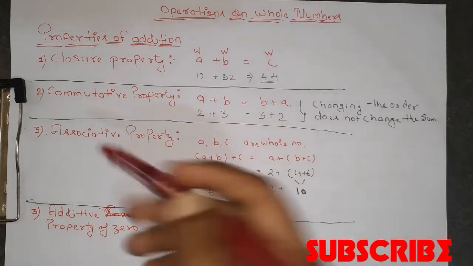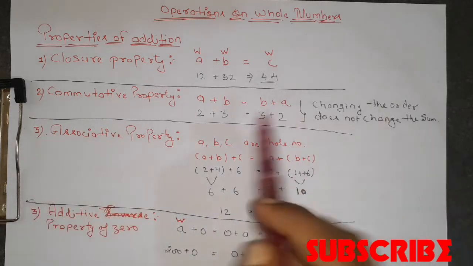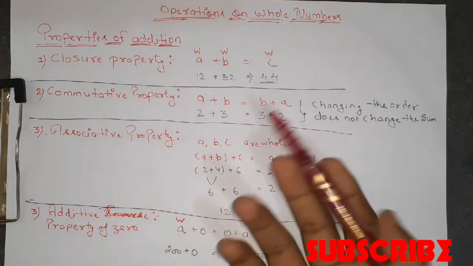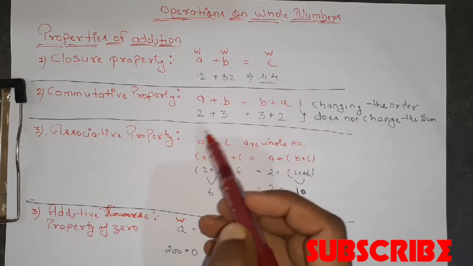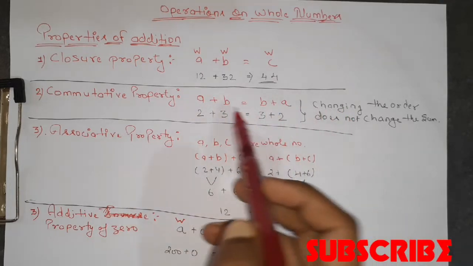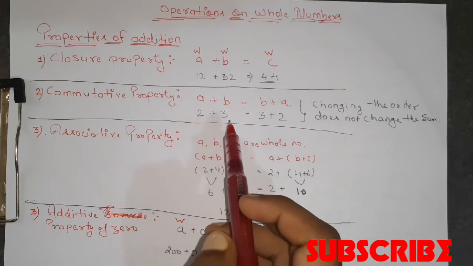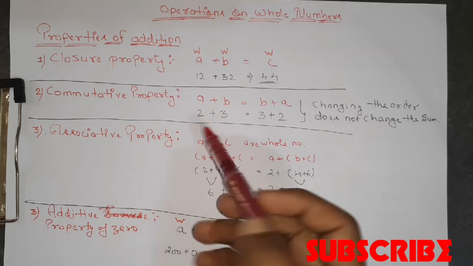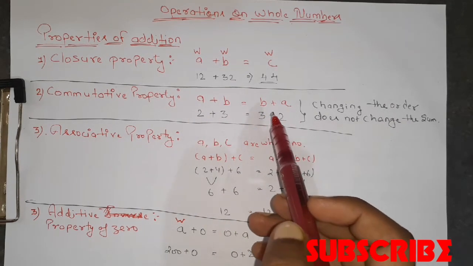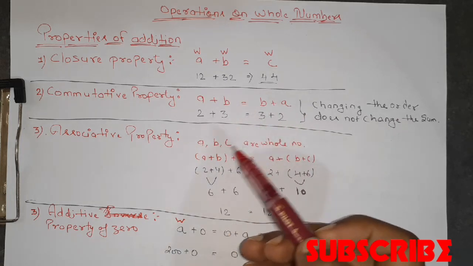Okay, the second one is the commutative property. What does it mean? For example, a and b both are whole numbers, and b and a. If you add a plus b, then their sum will be equal to b plus a, which means that if 2 is added to 3, the sum is 5, and if you change the sequence by adding 3 with 2, then also it will be 5.